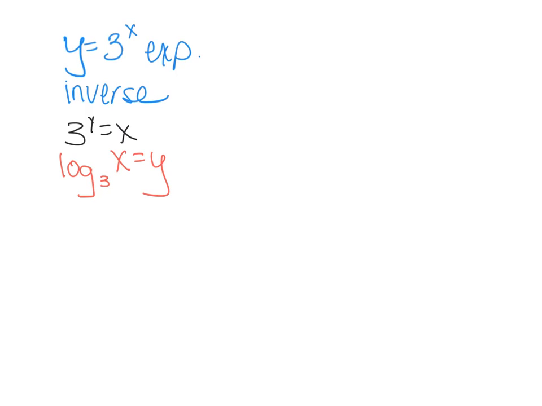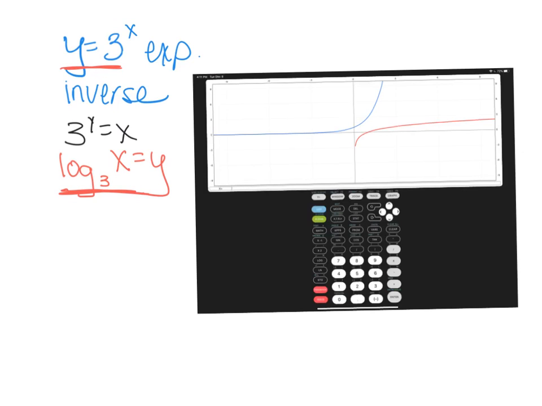So these are inverses, all right? They're inverses, which means their x and y are reversed. So what I've done here is put these both in my y equals. They correspond to the same color I wrote the equation with.